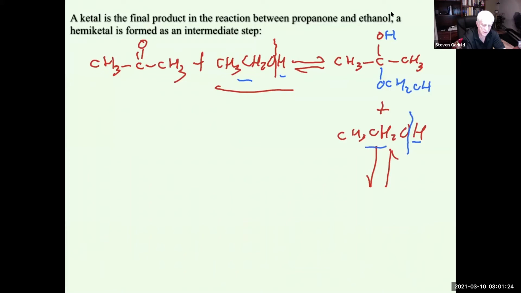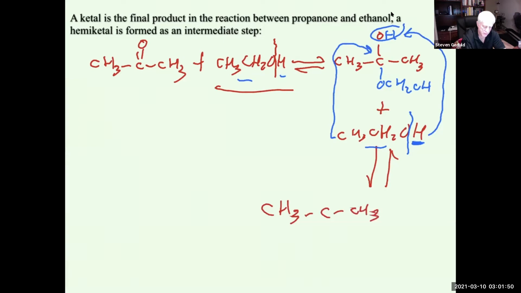Now this hydrogen here is going to react with this OH group right here to form water. This hydrogen comes up here and plucks it off, leaving water. That leaves this one to attach to that carbon because the OH is now gone. So then we have CH3 bonded to carbon, bonded to CH3, bonded to, and again, this was our alcohol from before, CH2, CH3.